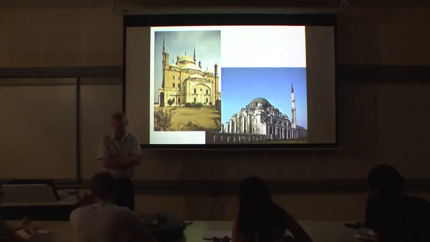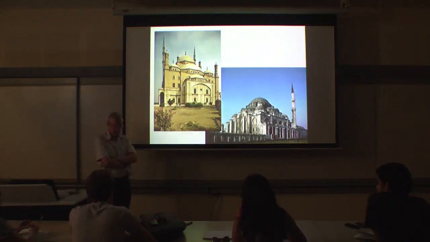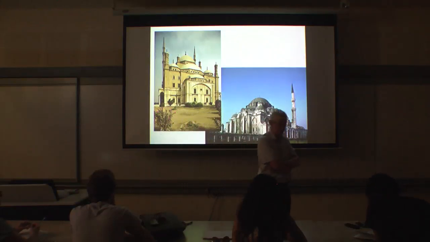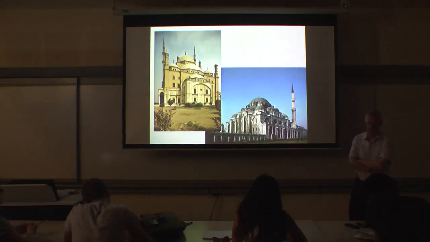Early 19th century. Early 19th century would be okay. And the one on the right is by Sinan, it's one of Sinan's mosques. It's the Shehzade Mosque in Istanbul, which is, I think, 1530s, if I remember right, something like that.